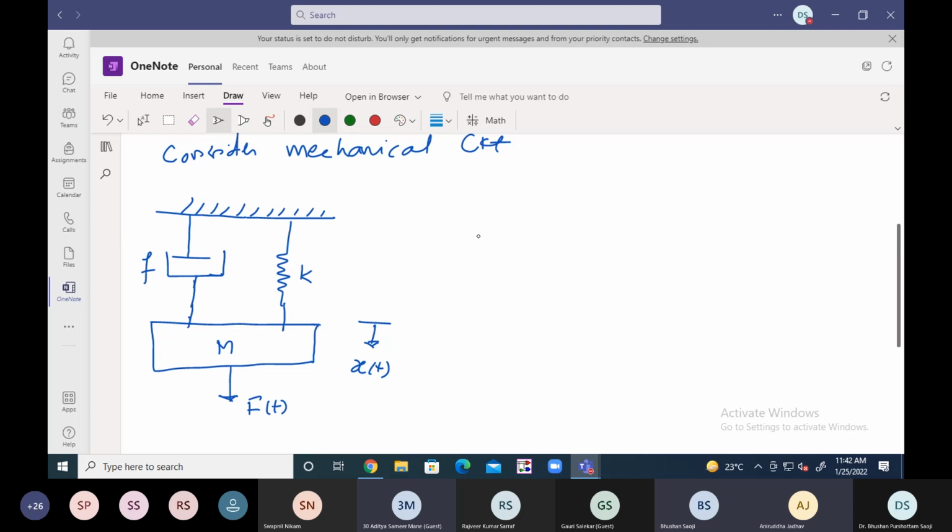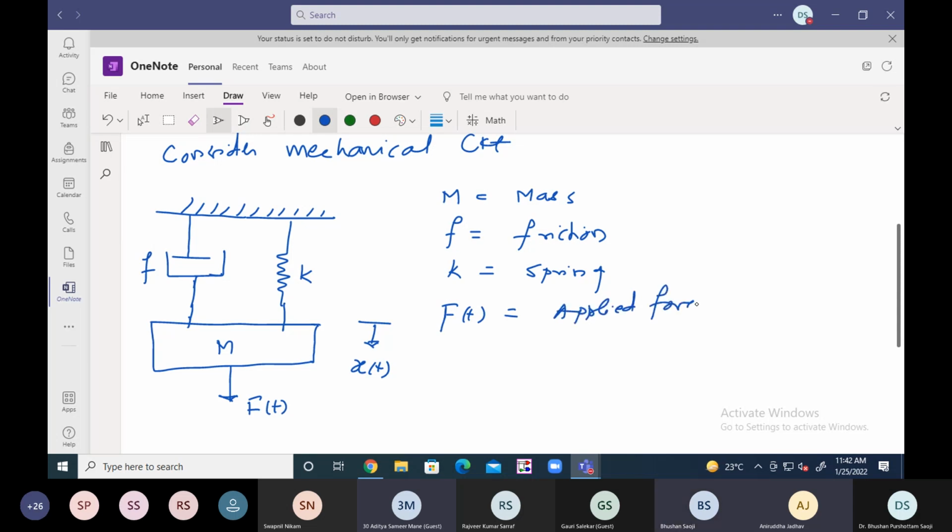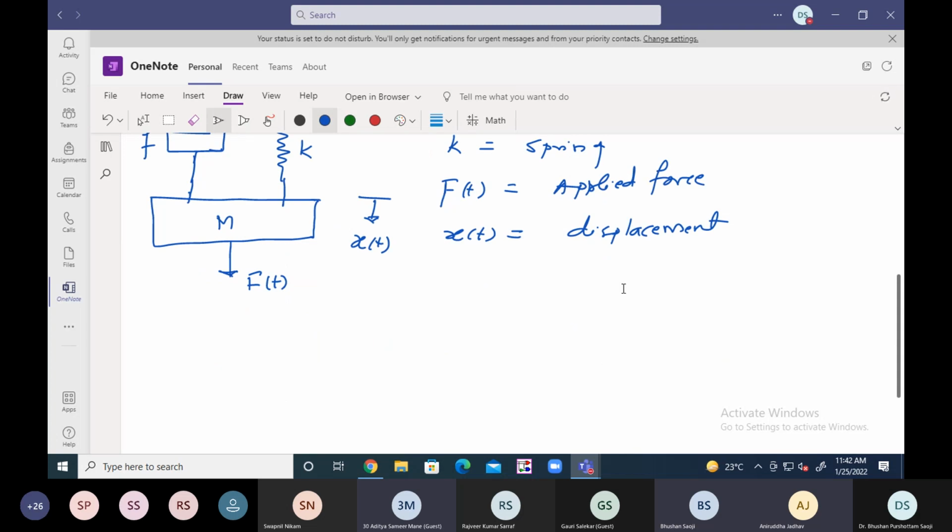Here M is mass, F is friction, K is the damper or the spring, F of T is the applied force, and X of T is the displacement.